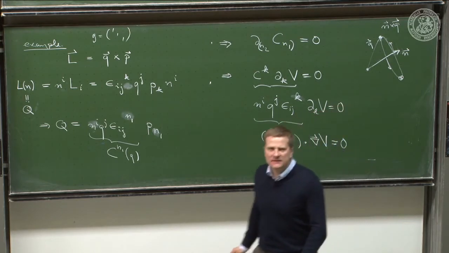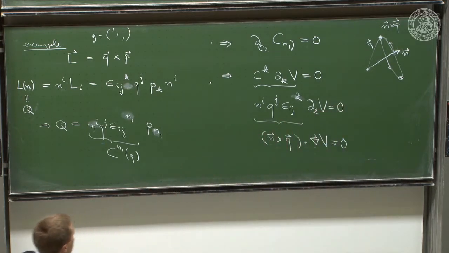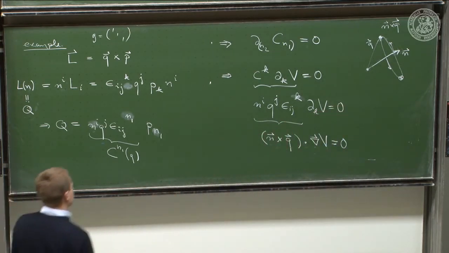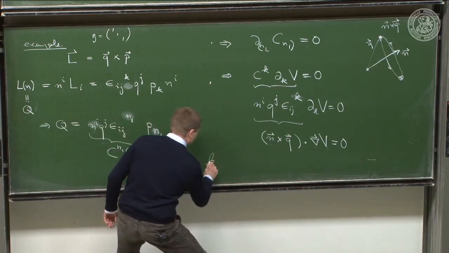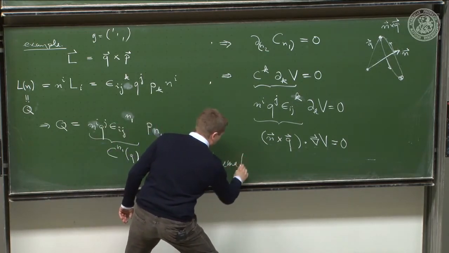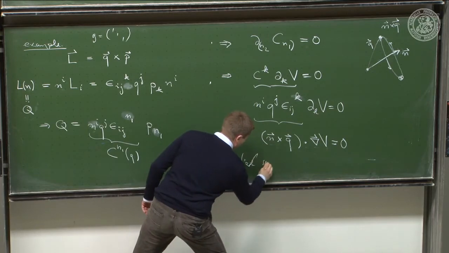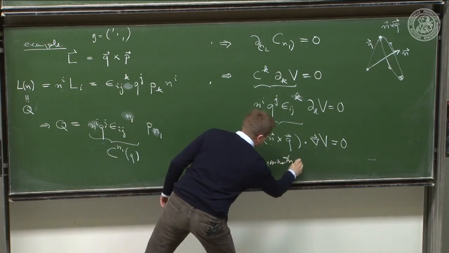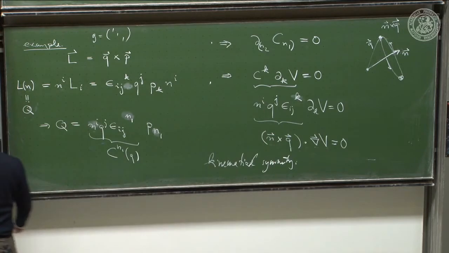Now, is this a kinematical or is it a dynamical symmetry? And the point is, it's a kinematical symmetry. And what do we need to do to study this question, whether it's a kinematical symmetry or not?